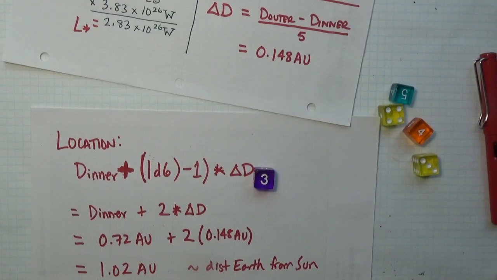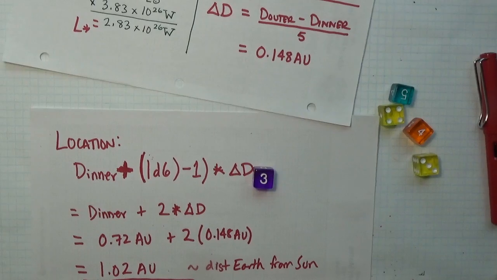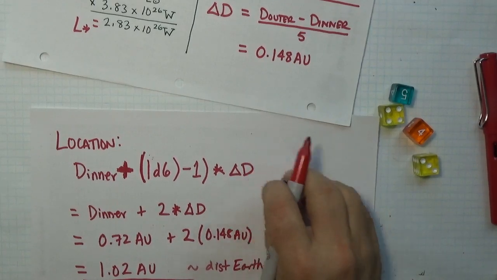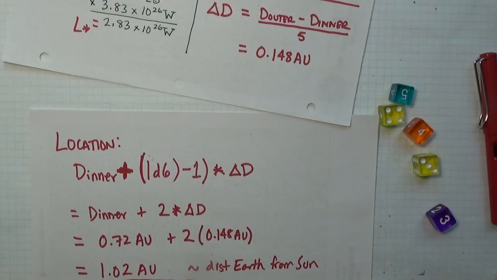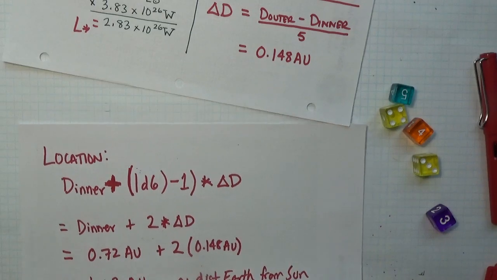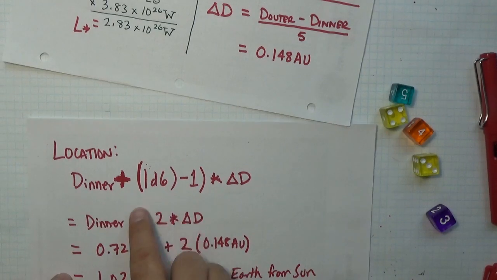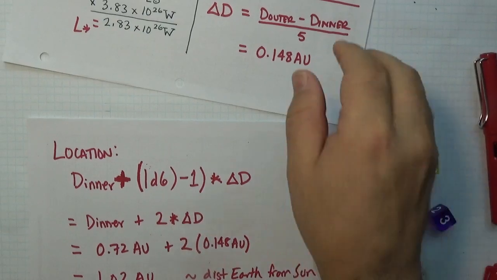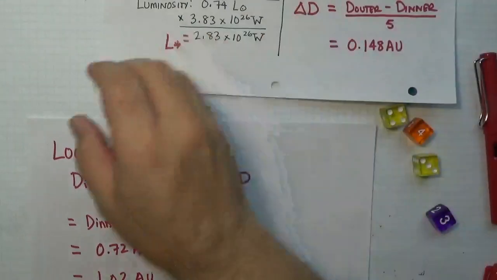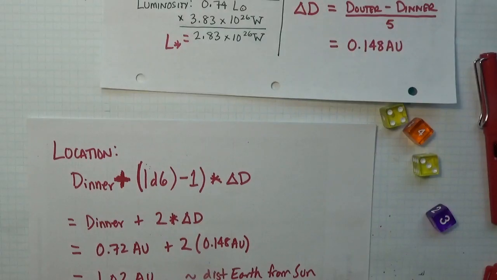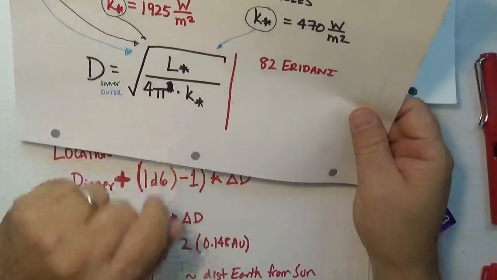So this is the distance of my planet from the star. Okay? So that's how you go through that calculation. That shows how you do an example calculation with the dice, and in particular how you utilize one of the formulas that we had in class in lecture 17.